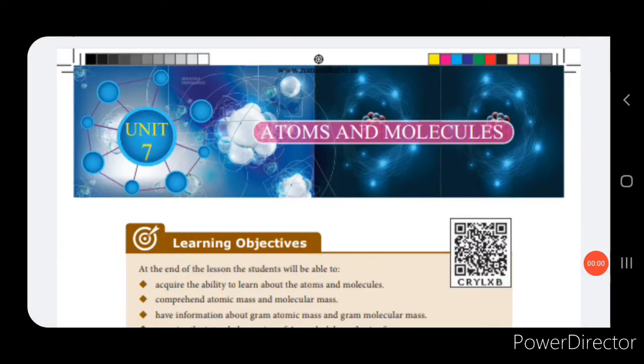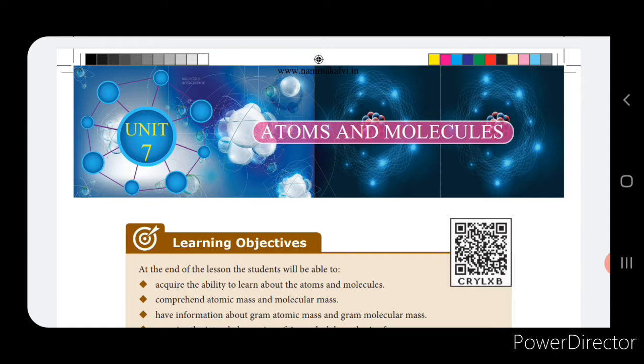And a very good morning, students. Welcome to science session for class 10, and we are dealing with the seventh unit, that is atoms and molecules. So far we have learned the postulates of modern atomic theory, relative atomic mass, average atomic mass, what is molecule, classification of molecules, and the relative molecular mass, and we have seen the numerical problems of relative molecular mass.